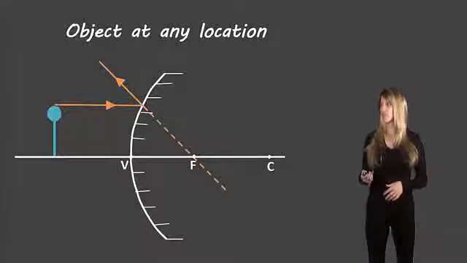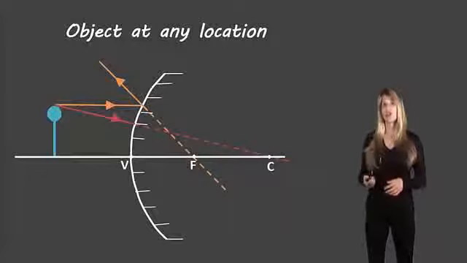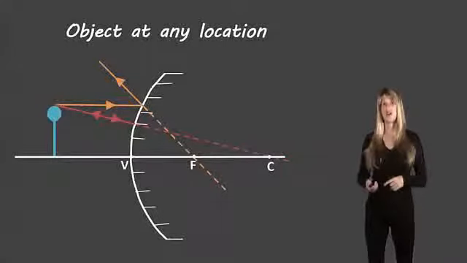Our next rule is that light traveling towards the center of curvature will reflect back along the same line. Just like what we saw last time when we used the rule with the center of curvature, we need to put an arrowhead in each direction on that same line to indicate the light going in and coming out is along the same line.